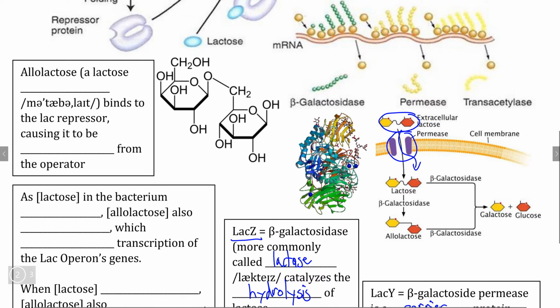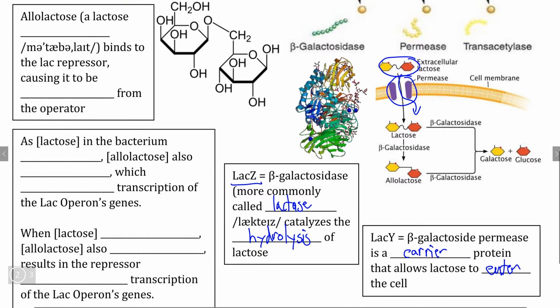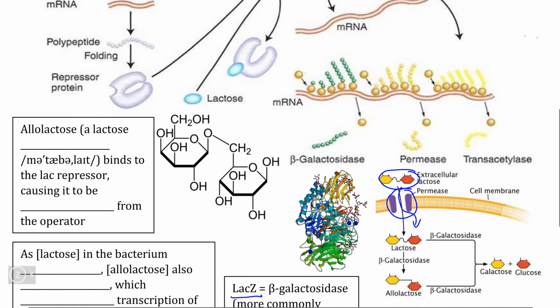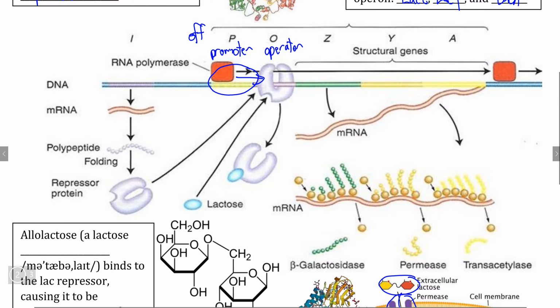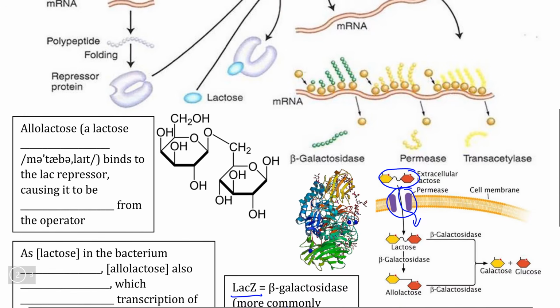The final enzyme is called transacetylase, which has a complicated function relating to lactose's metabolism in cellular respiration, and therefore being able to use lactose as a source of ATP. But we can see that all of the functions, especially LAC-Z and LAC-Y, are directly related to lactose metabolism, which means now we can talk about the actual process of regulating the operon using the operator.